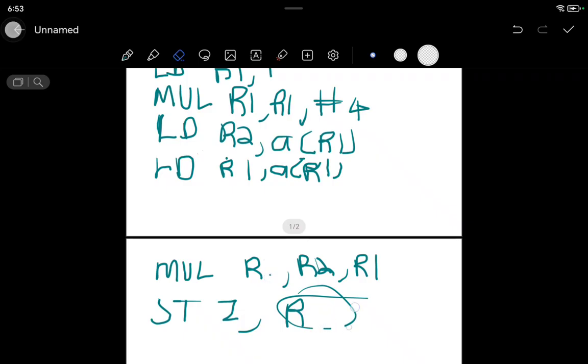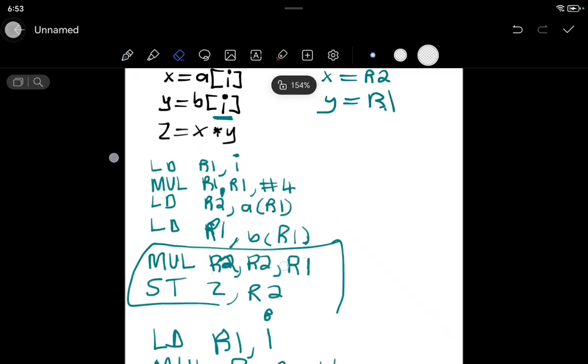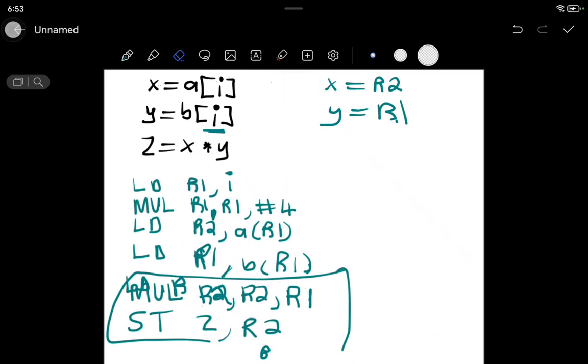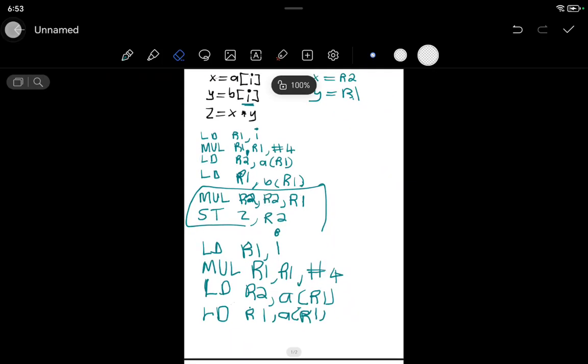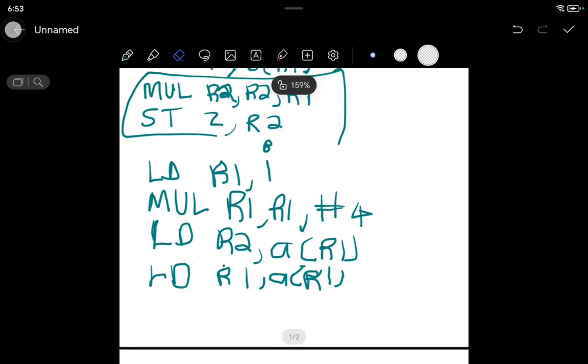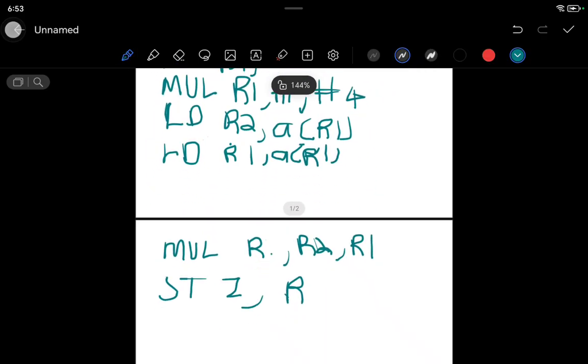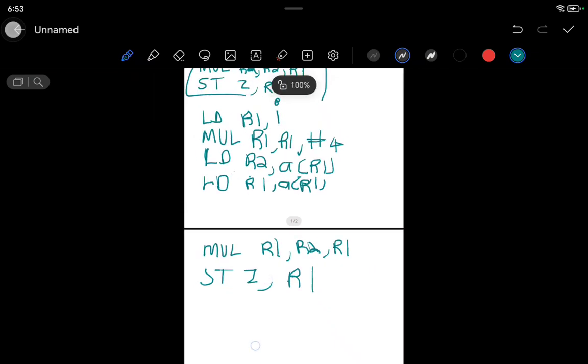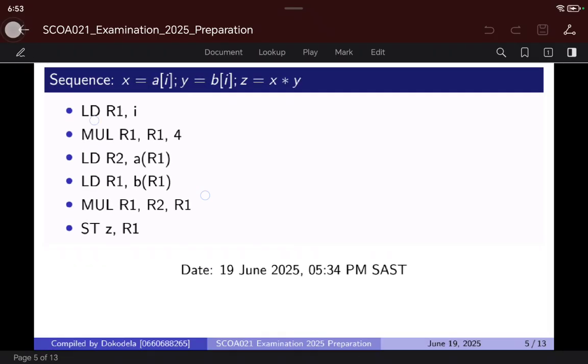But you could still use R1 between these two, because multiplication commutes, you see, right? So in other words, we can use R2, unless this was negative, right? But since it's multiplication, even if I say y times x, it will still give me the same solution. So here I could still use R1. We see, right? So the answer is the same. So now let's look at the other one.